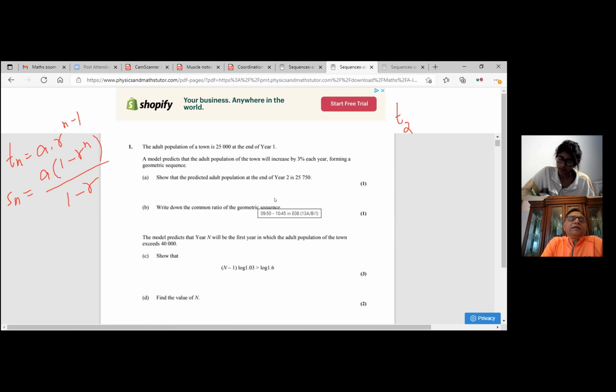This will give you the increase. The model predicts that the adult population of the town will increase by that much, so initial plus that much. Is that okay? So T2 will be T1 plus A R to the power of N minus 1.